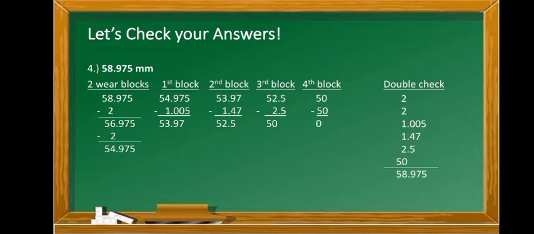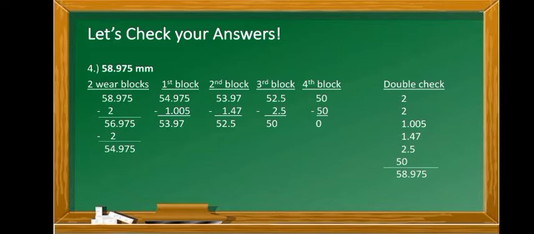So, 54.975 minus 1.005 is equal to 53.97. Then, our second selected block is 1.47 to eliminate the second decimal place.